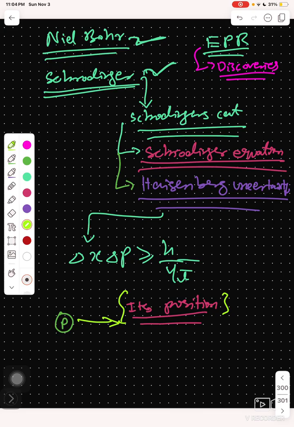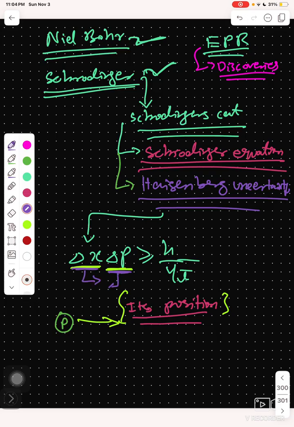quantum mechanics actually says is that you cannot measure both with such precision that the preciseness or the accuracy of the other quantity decreases.